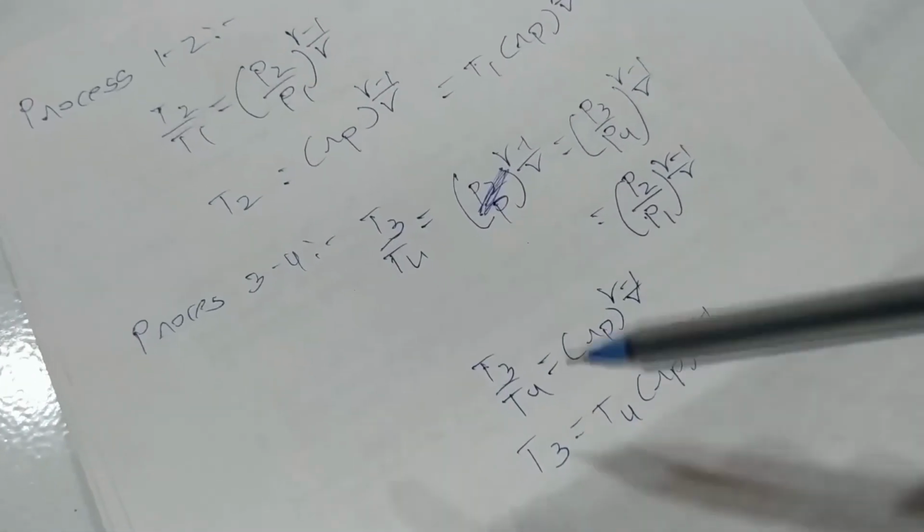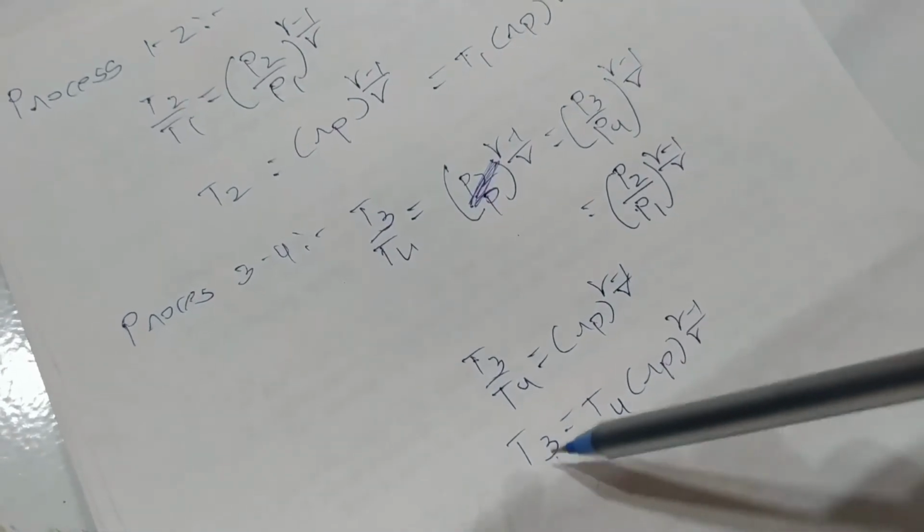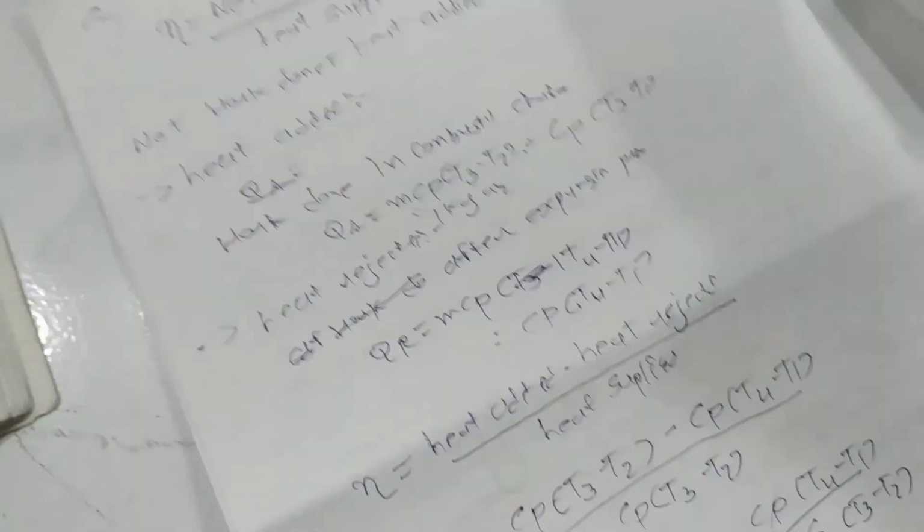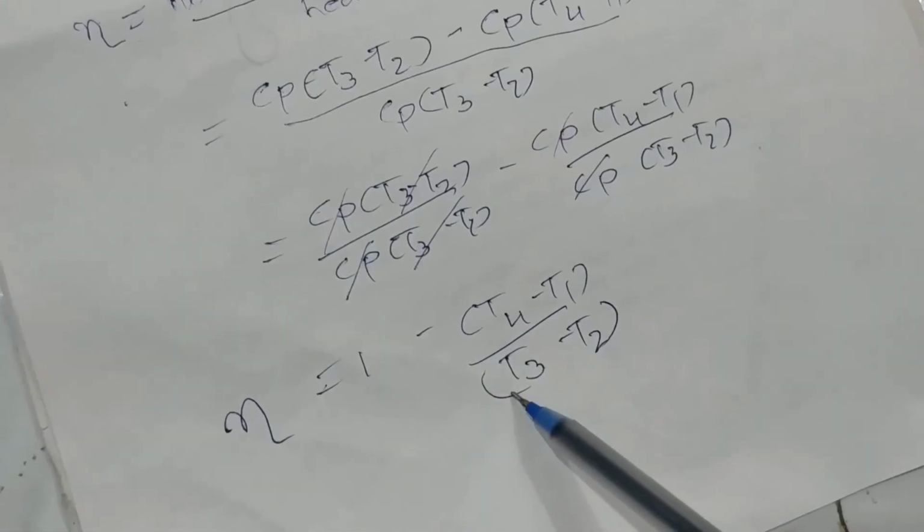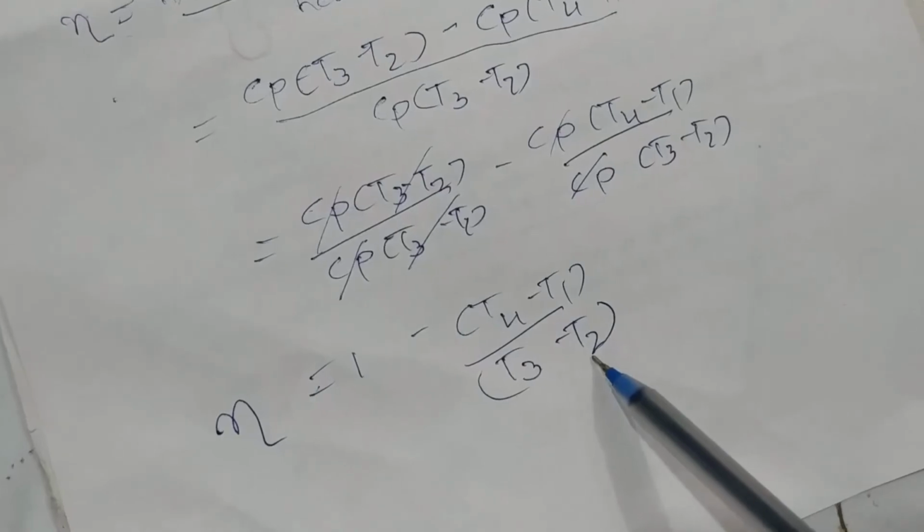Now I will put the values of T3 and T2 in this equation. I will write this formula again.